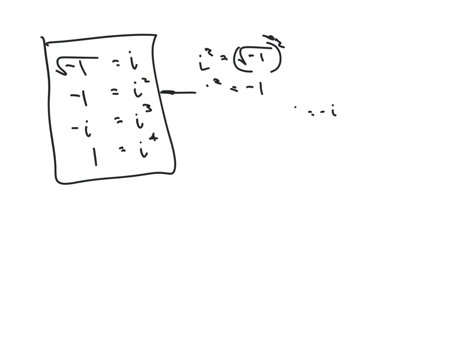Now, what can we do with that? All right, so again, this is just your little tidbit of information. If I want to simplify i to the 30th power, what does that look like? What does that equal? What I do is I take 4 into 30.